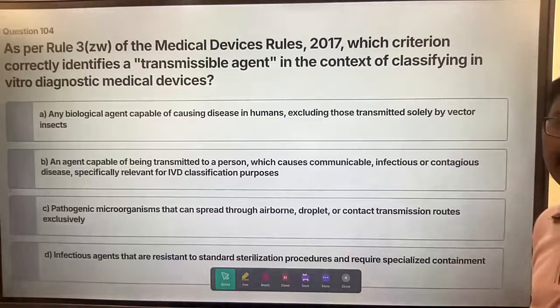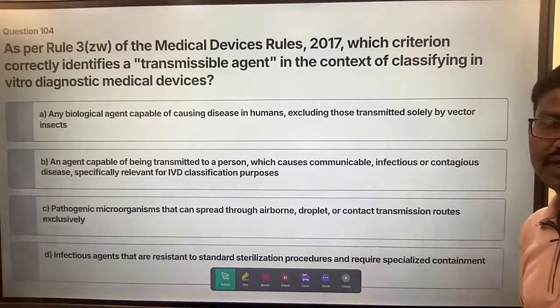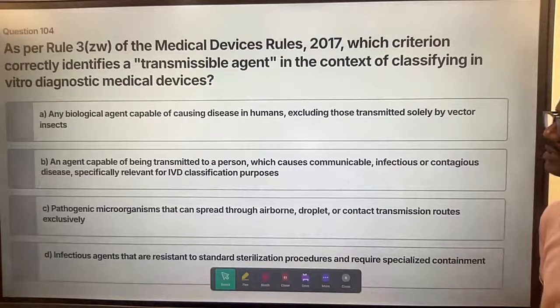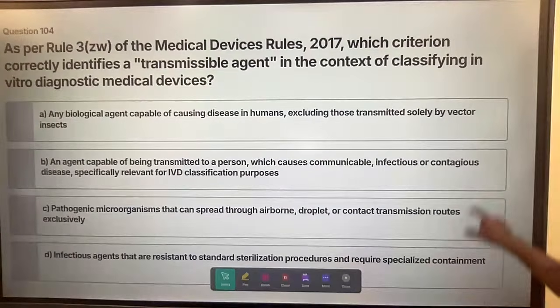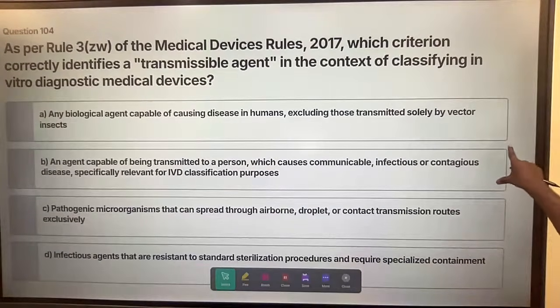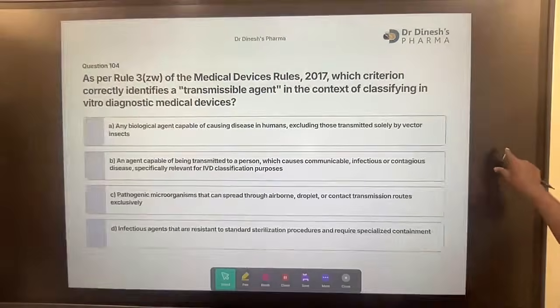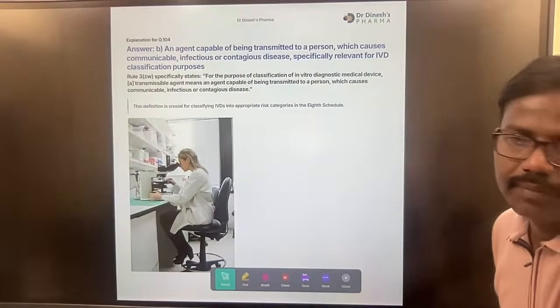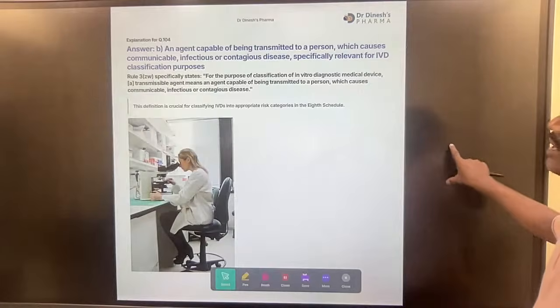Transmissible agent. According to the Medical Device Rules 2017, what will be the definition? Post your answers. Right, somebody opted B. Right, Pawan, right. So, right answer.